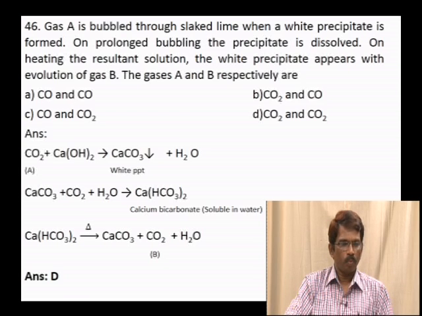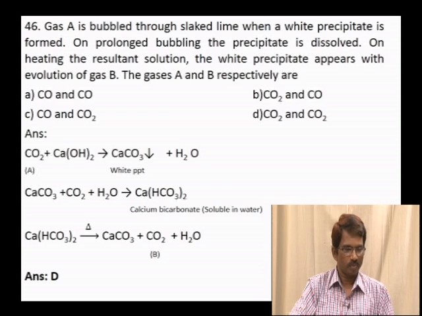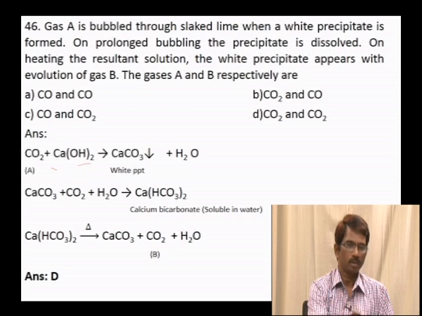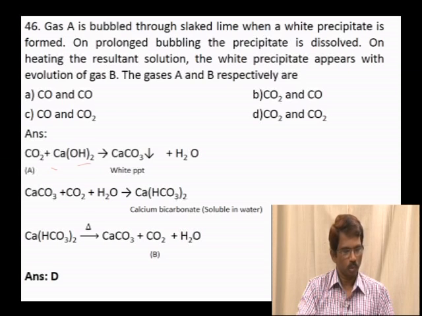When you pass gas A through slaked lime, that is nothing but calcium hydroxide, you get a precipitate in the form of carbonate. Definitely among the options given, it should be either CO2 or CO. The precipitate is formed only when CO2 gas is passed through calcium hydroxide, so gas A must be CO2.